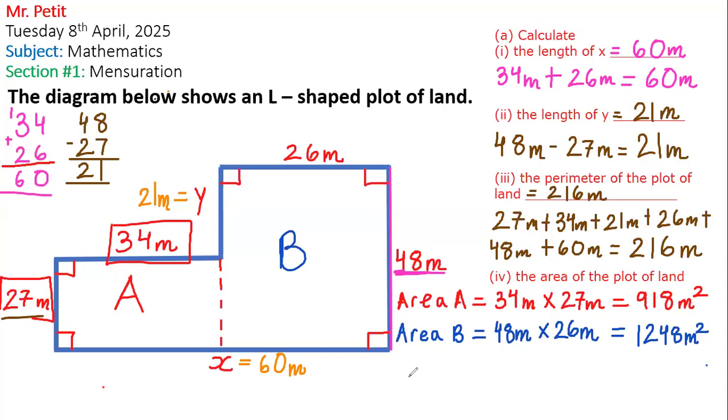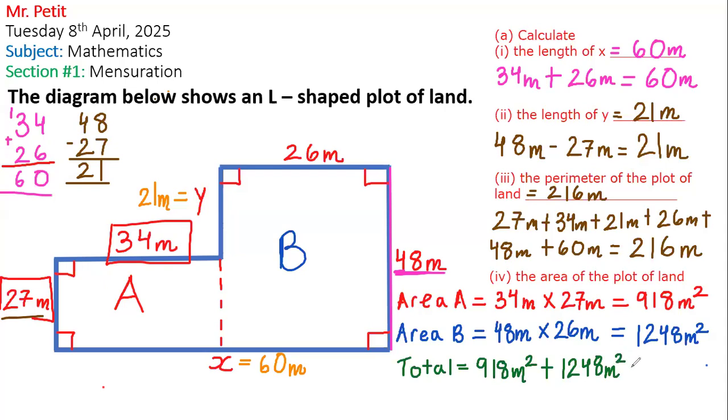Okay, now I want the total area. The total is going to be 918 meters squared plus 1,248 meters squared.